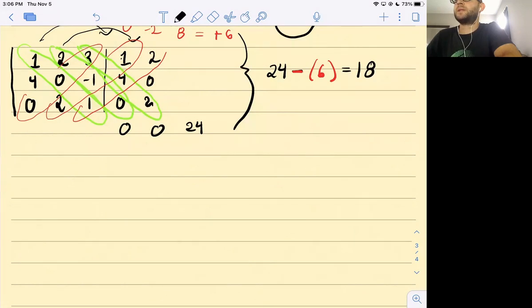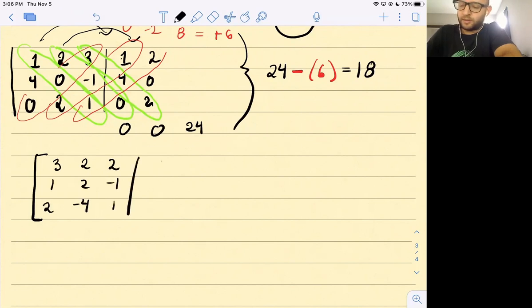Oh yeah, okay. Let's do the one that we did in the homework review, 8.613. So that was this matrix. 3, 2, 2, 1, 2, negative 1, 2, minus 4, 1, 3, 5, 0.